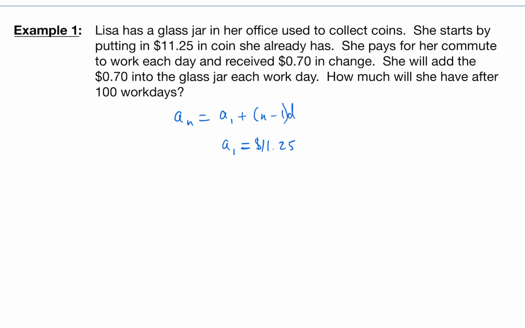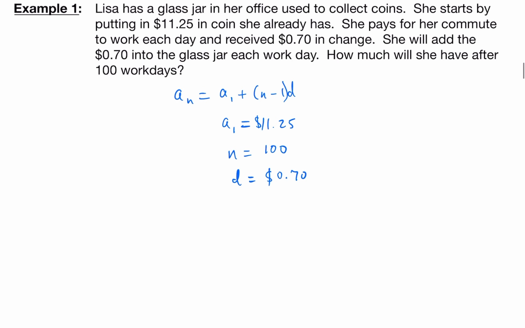That is what she starts out with in the jar. And we also know that we are dealing with 100 workdays, and the difference that she receives after paying for her commute is 70 cents. Okay? Go ahead and note that. And so we can go ahead and plug those values into this equation.